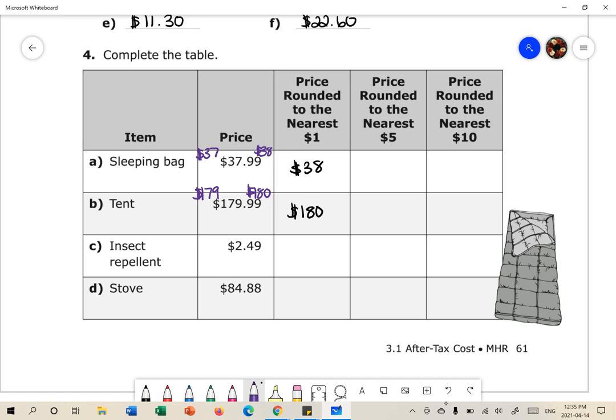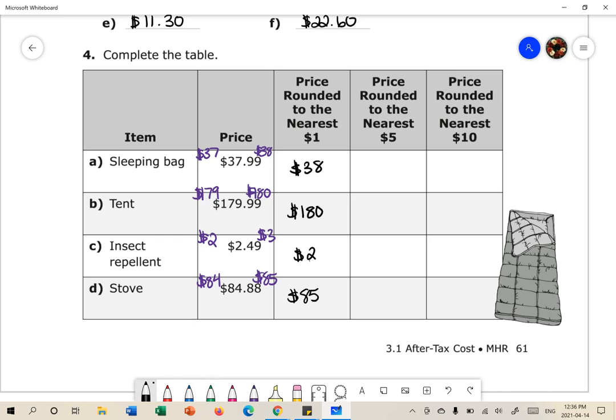So it's under $2.50. So it's actually closer to $2 than it is to $3. And the last one is a stove for $84.88, rounding it to the nearest $1. It's closer to $85 than it is to $84.